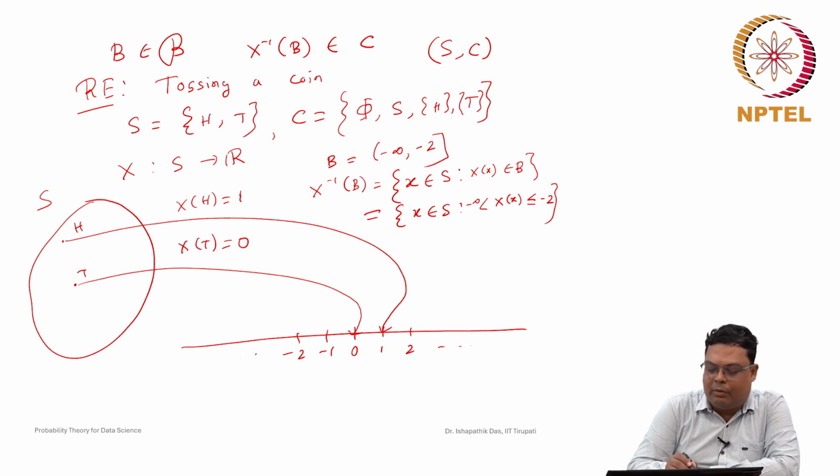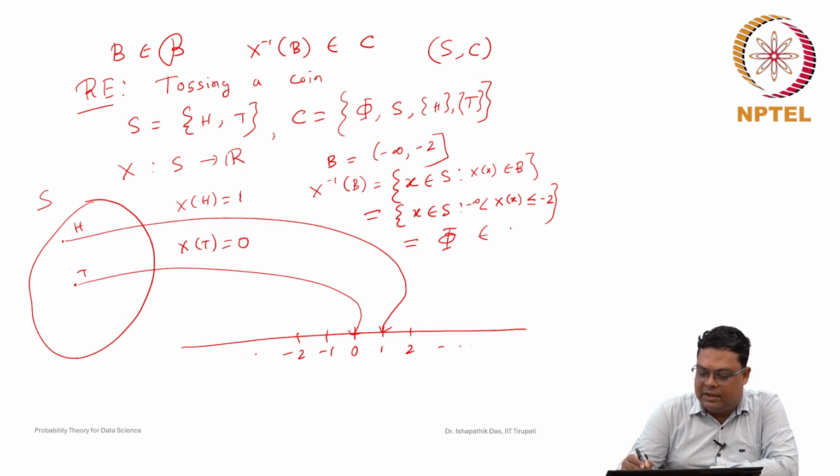Because X of head is 1, X of tail is 0, is there any element in S satisfying this property? No, because X of head is 1 and X of tail is 0. That is why this is nothing but the null set. So the null set is inside C. This is true for any other value also.